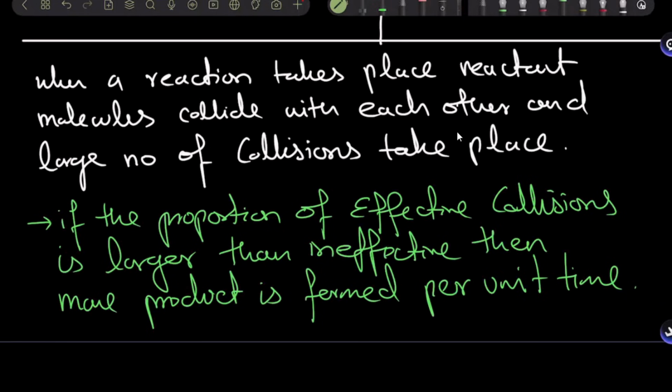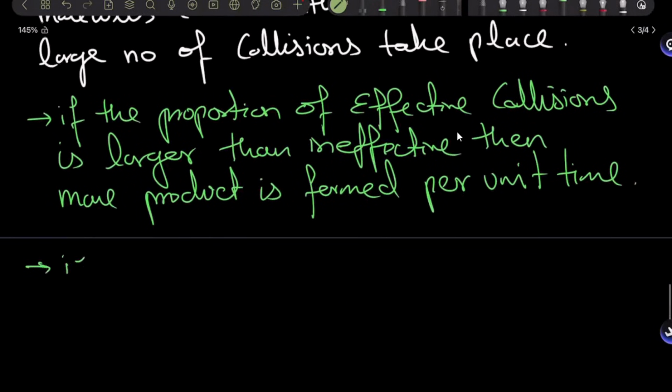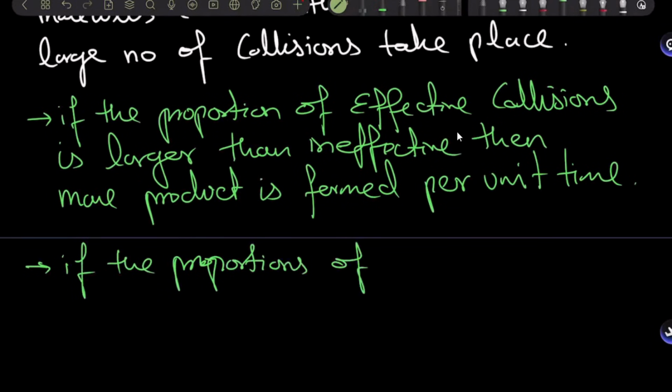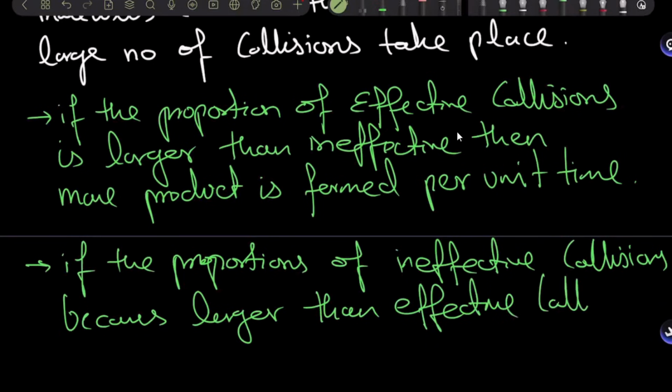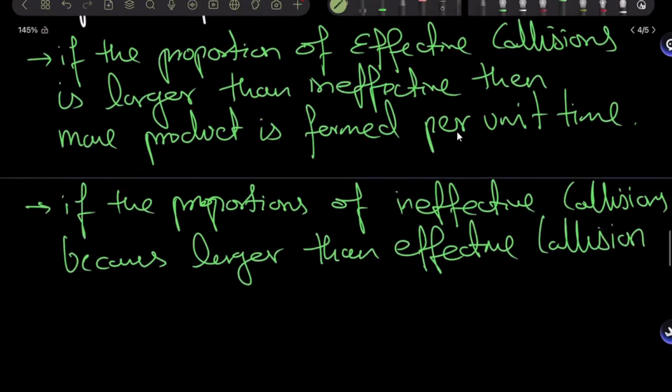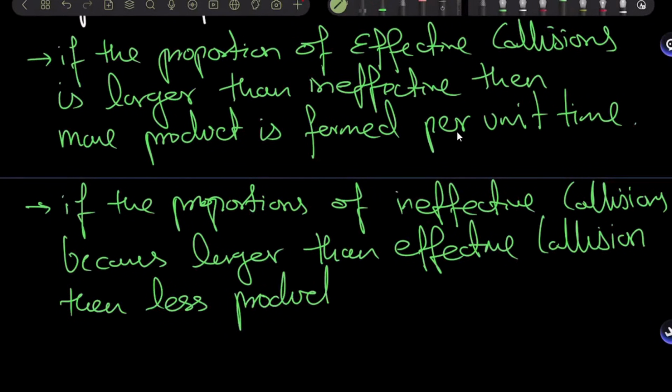Is that clear? So if I say the proportion of ineffective collisions becomes larger than effective collisions, then less product is formed in the same amount of time, or per unit time.